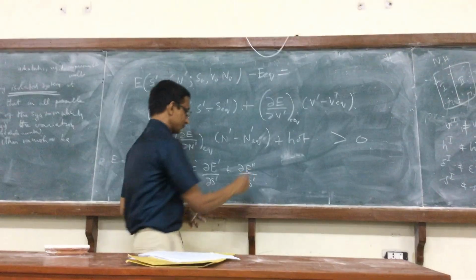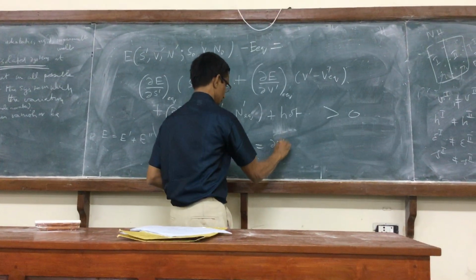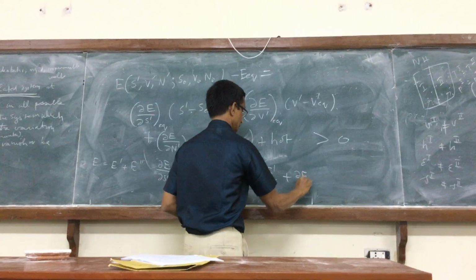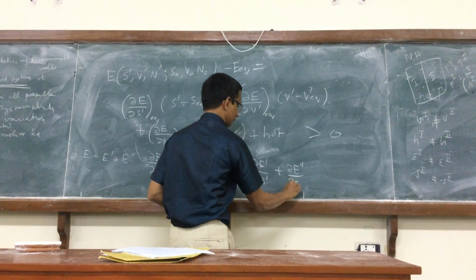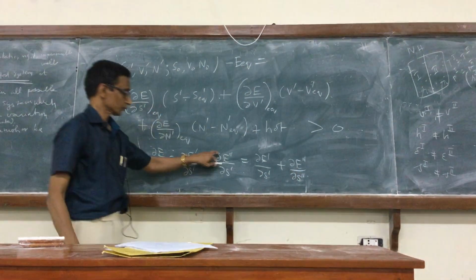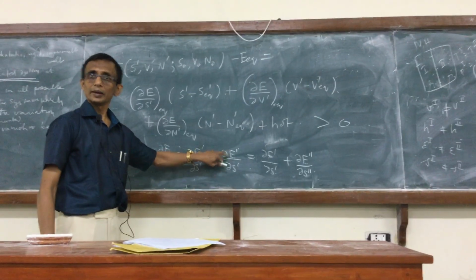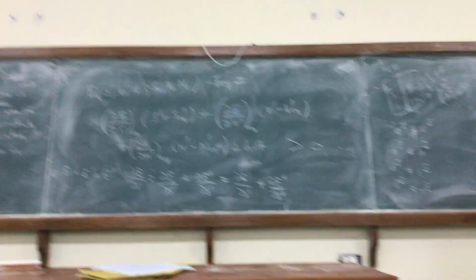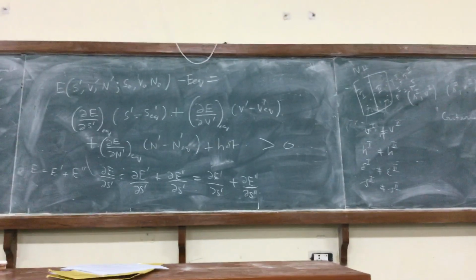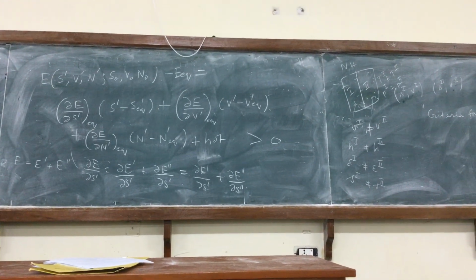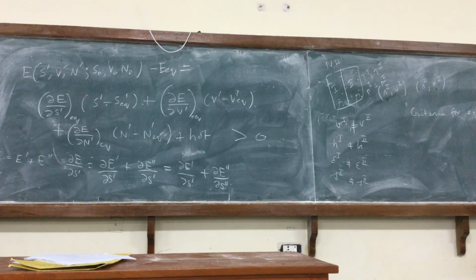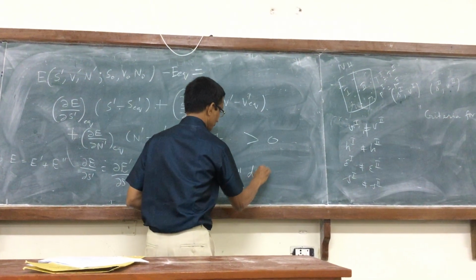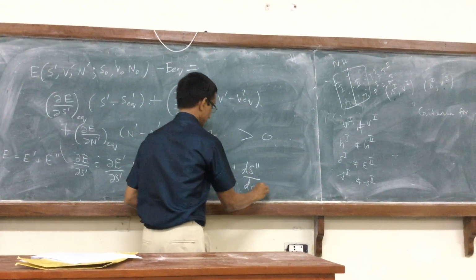Now I can write this as plus dE double prime by dS double prime. E double prime is dependent directly on S double prime, but can also be expressed as dependent on S prime because of this criteria. The S prime and S double prime are not independent. What I will get is dS double prime by dS prime.